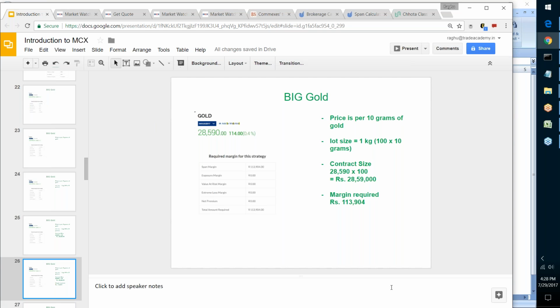So that's the contract size. That's the margin required, using the Upstocks Pro calculator. You basically have to put up around 4%, and the profit or loss for one tick is 100 rupees. That's a lot.